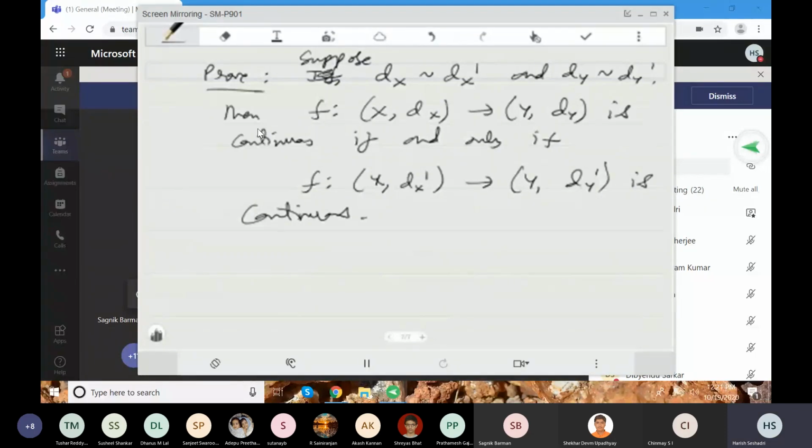So in short, if you have equivalent metrics, then the notion of continuity does not change.